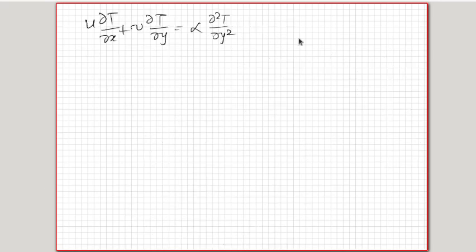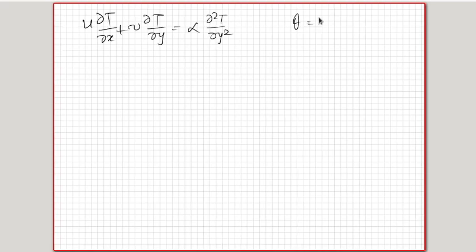And if I non-dimensionalize temperature, theta is equal to T minus T infinity divided by T wall minus T infinity. Then T becomes equal to T infinity plus T wall minus T infinity multiplied by theta.